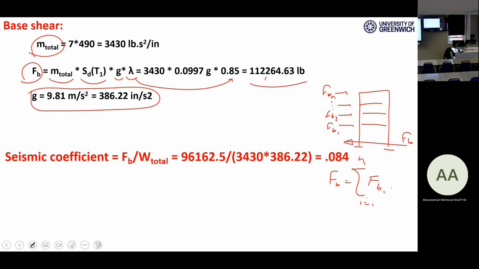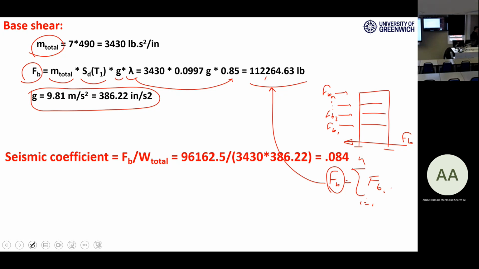All of these are in agreement with the FB, and the FB is this one. There is a very simple formula in the Eurocode to distribute the FB into the FB 1, 2, 3, 4, 5, 6. It's based on being proportional to the mass of each story. It's not a big deal. So the FB is important, the base force.